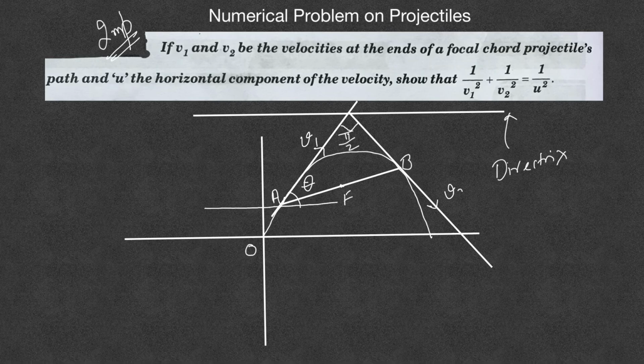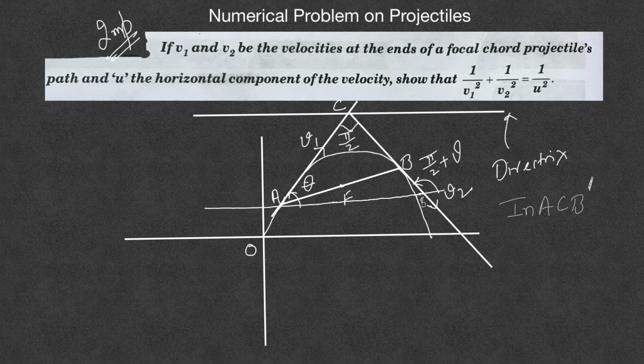This is the direction of the second velocity, and if I proceed further, in triangle, say this point is C, in triangle ACB', the sum of this angle and this angle is equal to the exterior angle. So this angle should be pi by 2 plus theta, measured in the anti-clockwise sense. This is also measured in the anti-clockwise sense.